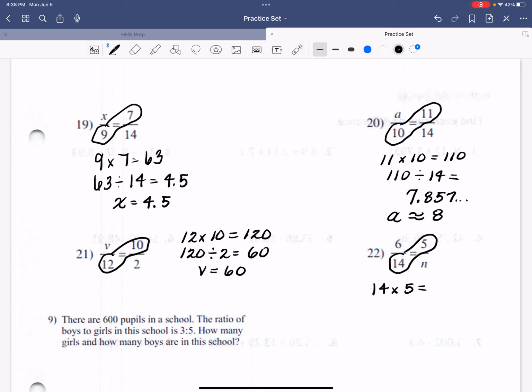I'm not even going to try. It's a good thing I didn't. I would have been off 10. 70 divided by 6 is 11.6 repeating. So N is 11 2/3. You could write it as a fraction if you were so inclined.